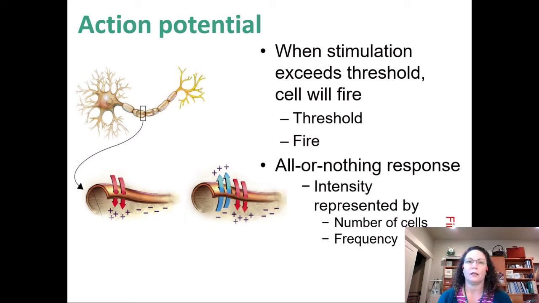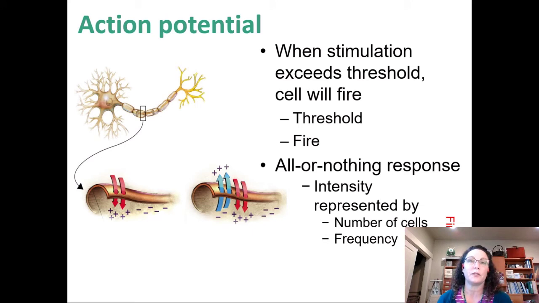So if it's a really bright day out, all your cells are saying, oh, bright light, bright light, bright light, as fast as they can, all of them. When it's foggy out, you have some cells going, yeah, I think it's daytime. Yeah, I think it's daytime. So fewer cells, less often, passing the information.